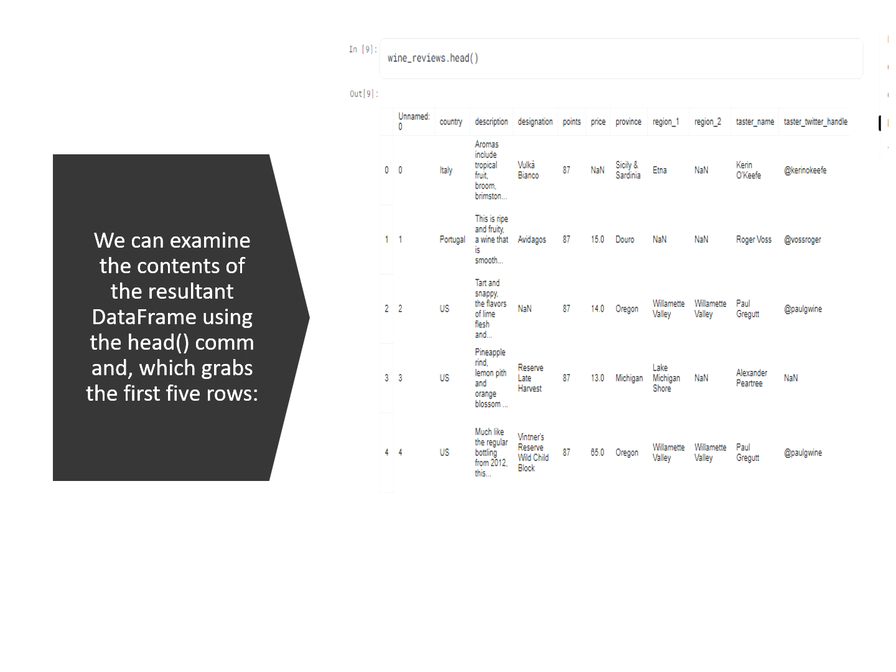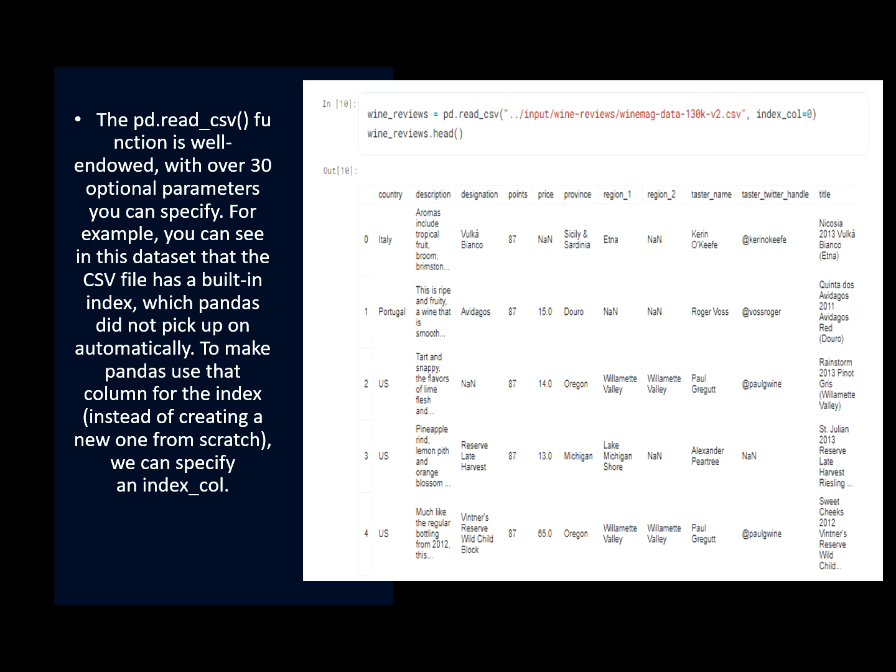We can examine the contents of the resulting data frame using the head function, which grabs the first 5 rows. That's the meaning of the head function. We grab 5 rows, and since the indexing starts from 0, we see index 4, but it's actually 5. If we count 1, 2, 3, 4, 5, it's 5 rows of the data, so we can see how it looks. And then we have another function.